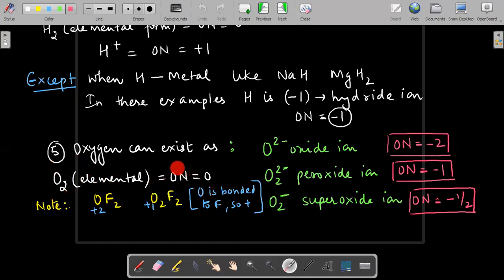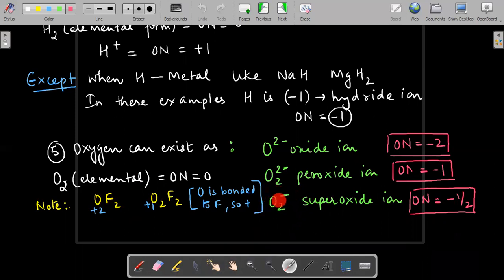But when I am talking of oxygen in the ionic form, okay, एक तो हो गया क्या? Oxide. Second form is peroxide. So इस peroxide का formula क्या है? It is O2 2-. So each oxygen here is in कौन सा state? -1. Similarly, if oxygen is existing as a superoxide ion, this is O2 -1. For 2 oxygens it is -1 charge.